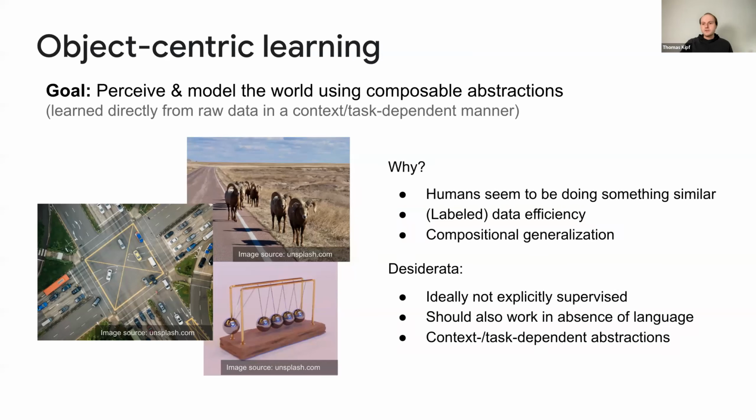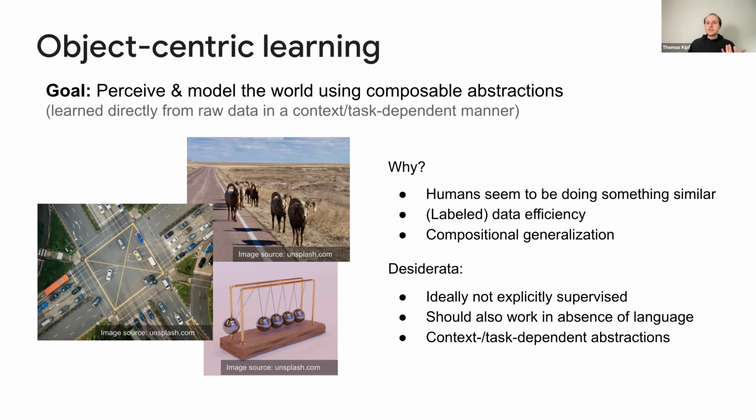So why do we want to do object-centric learning in machines? There are a number of reasons. Humans seem to be doing something very similar. Also, there's probably some labeled data efficiency to be gained. Right now, if we want to train object detectors, we have to have huge labeled data sets, but we can potentially get much more labeled data efficiency if we extract objects using some kind of first principles, and also use objects as the core representation for downstream tasks like robotics or question answering.